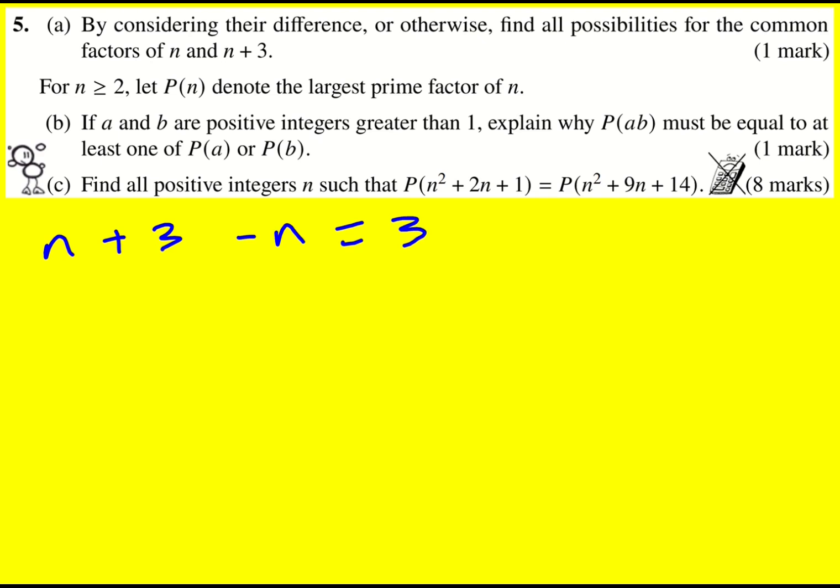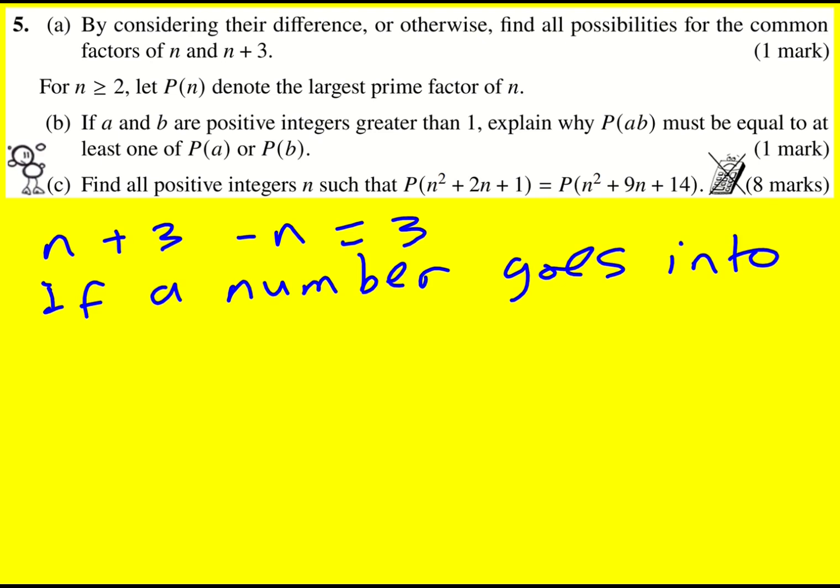Now, if they differ by 3, there's no way that 4 could go into both of them, for example. They can't both be in the 4 times table. And essentially, if a number goes into n and n plus 3, it must go into the difference.